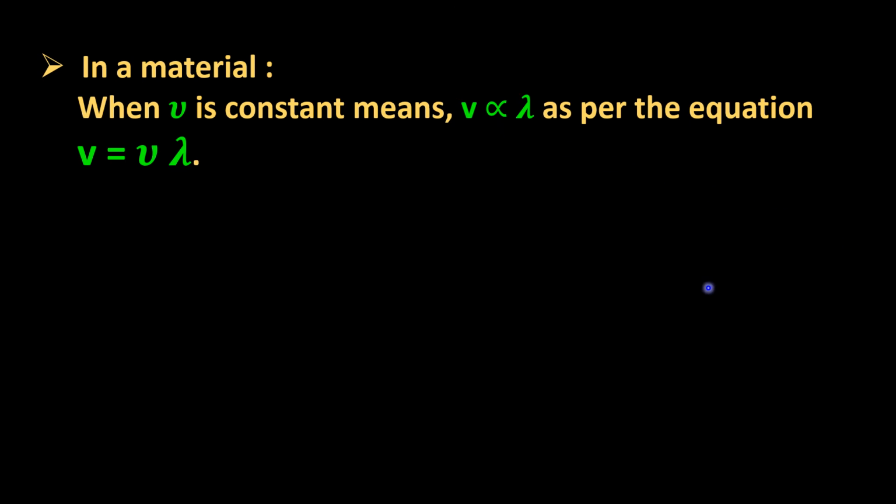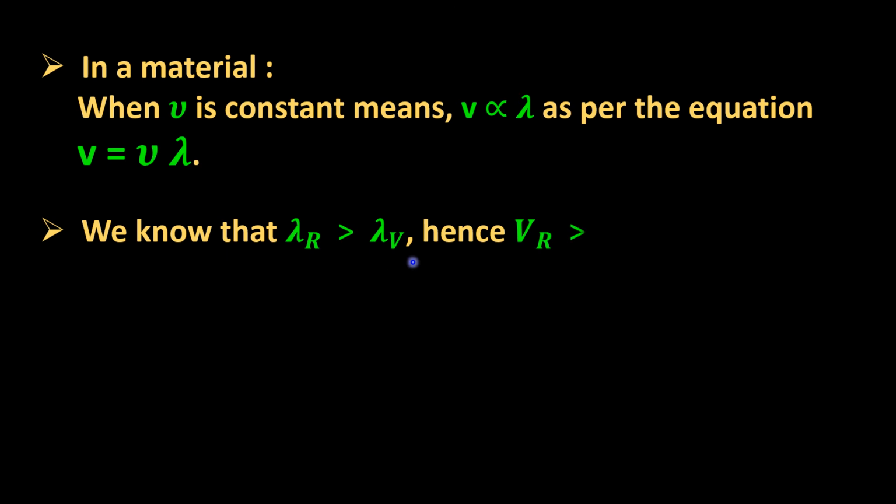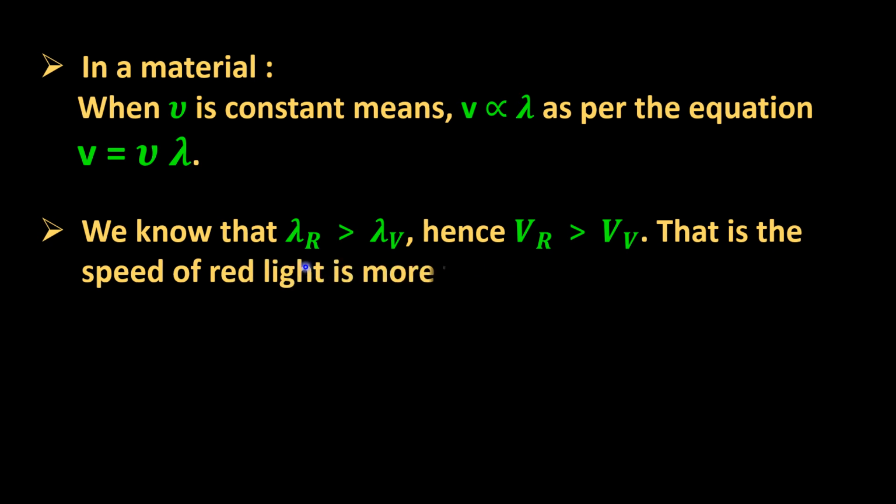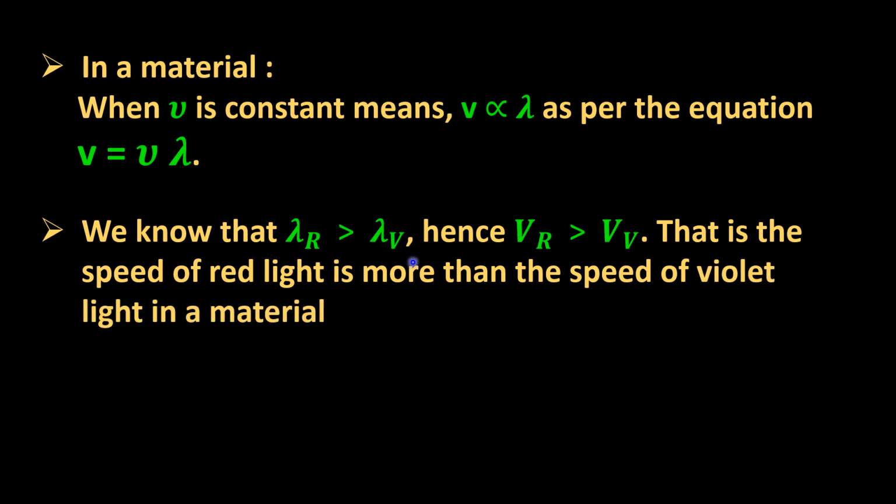At that time, what will happen? We know that lambda r is greater than lambda v. Hence, Vr is greater than Vv. The wavelength of red light is greater than the wavelength of the violet color, and the velocity of red light is more than the velocity of the violet color in a material, not in vacuum.